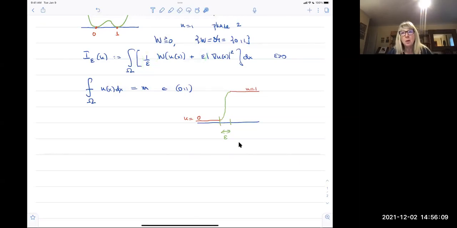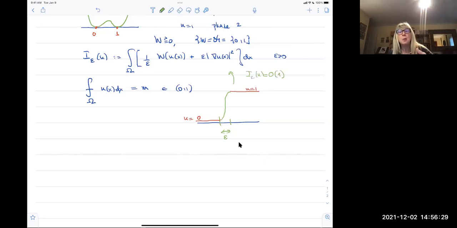You may recall that for this particular shape of u, this energy would actually be of order 1, which is good because we don't want anything that vanishes on us.